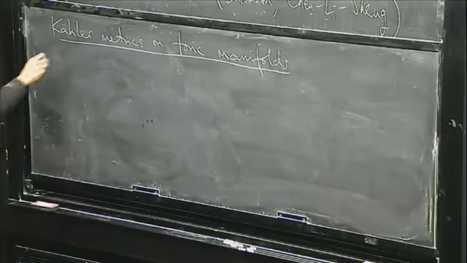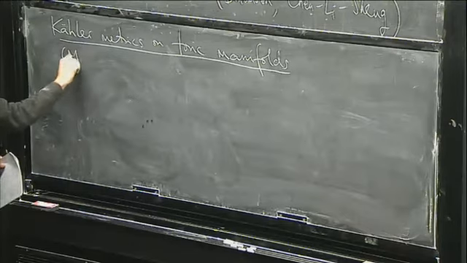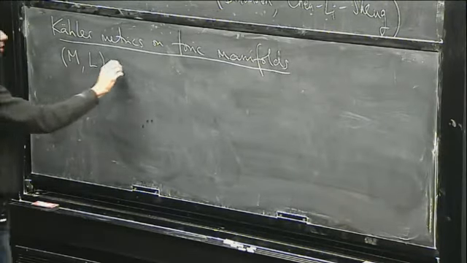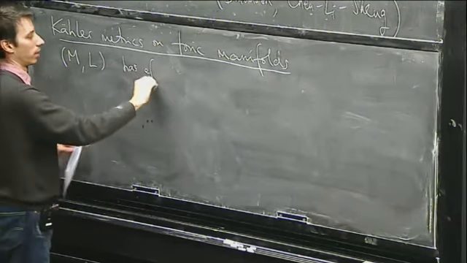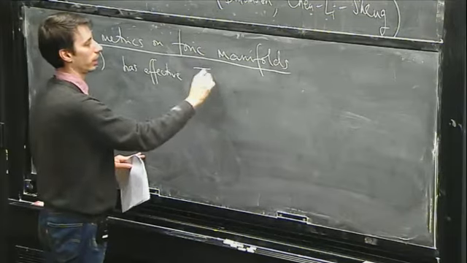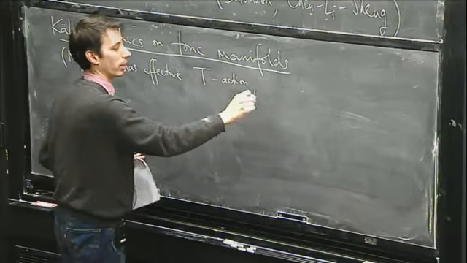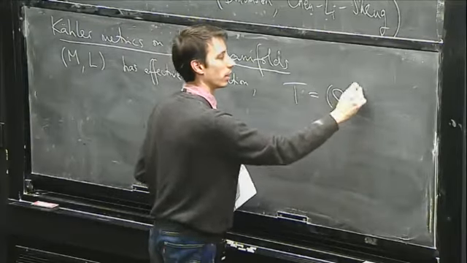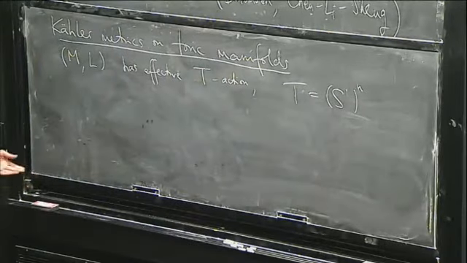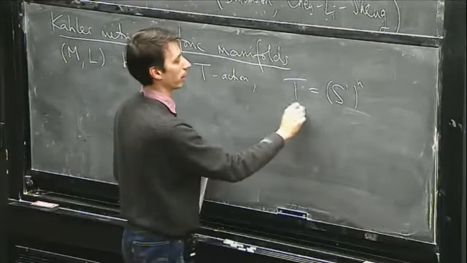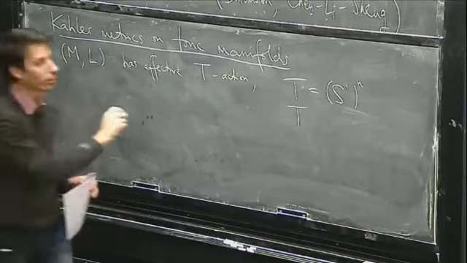Now the additional assumption is that M has an effective holomorphic action of T, the real n-dimensional torus.